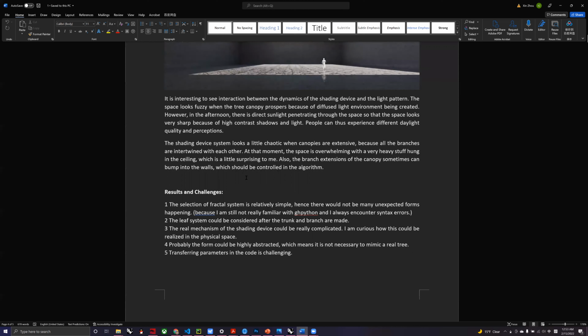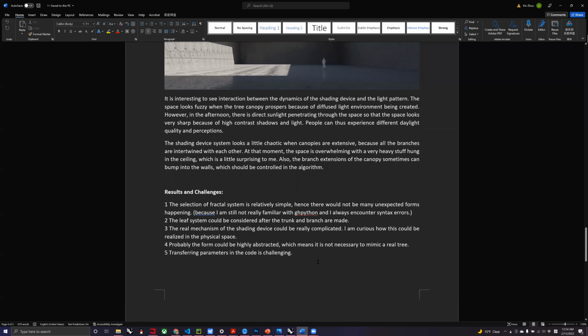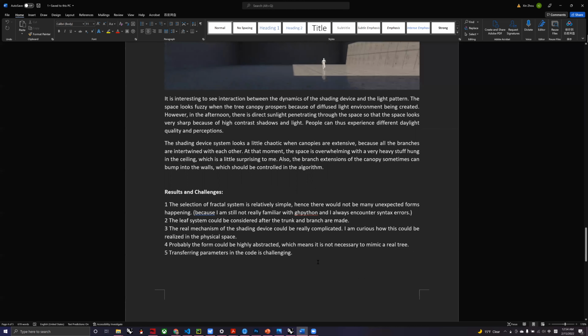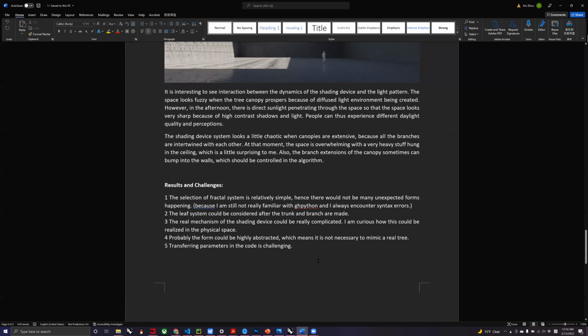Also, I'm curious about the real mechanism of the shading devices. I'm curious how this could be realized in the physical space, because the mechanism could be really complicated. Also, the form could be highly abstracted, which means it's not necessary to mimic a real tree.